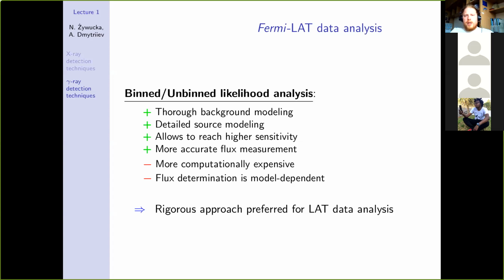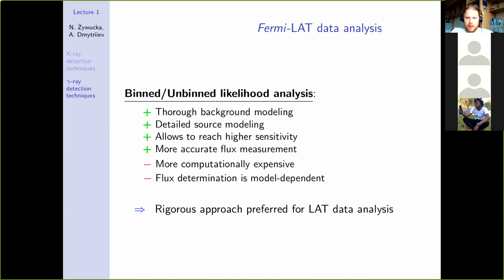I don't want to go into details, but the important message about those differences is that binned is suitable for very good statistics, when you have lots of photons and you want very precise results. And unbinned likelihood is suitable for very poor statistics, when you have short observational times or a very faint source.